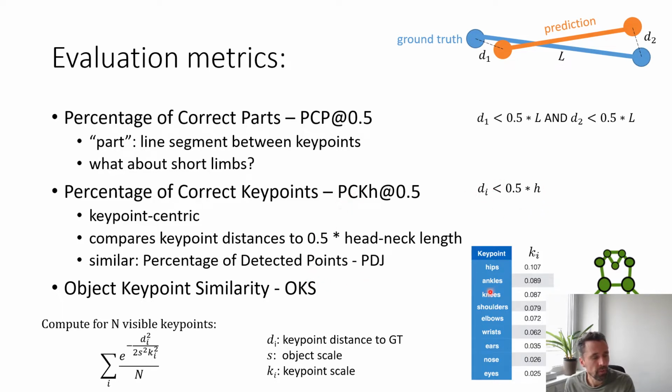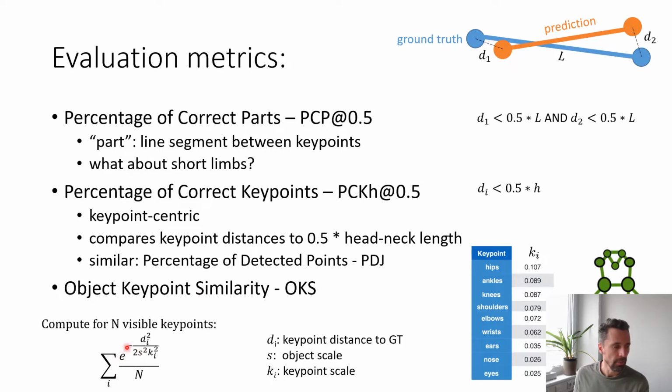Now, you can also try to assign a desired precision for each of these individual key points by introducing those key point scales, Ki. And these are numbers that are used in a metric called OKS for object key point similarity, and it's computed like that.